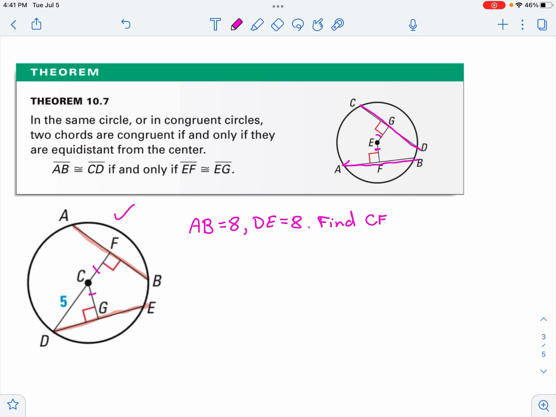Now, let's see what we have here. We have this perpendicular bisector here. So that means this is 4 and this is 4, because we've got this perpendicular bisector.